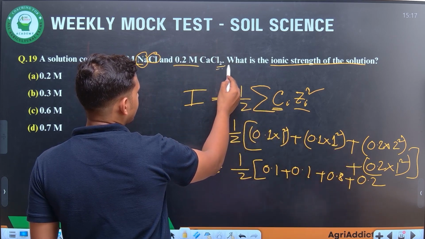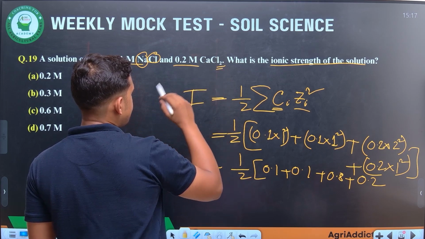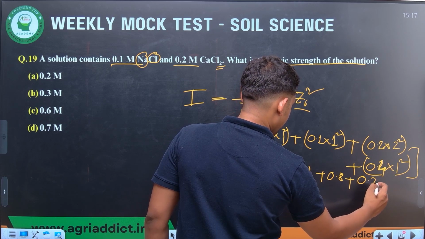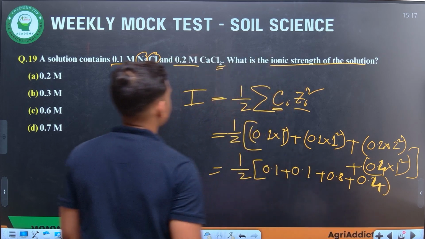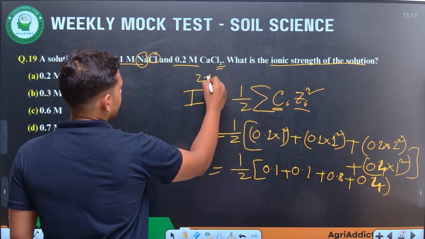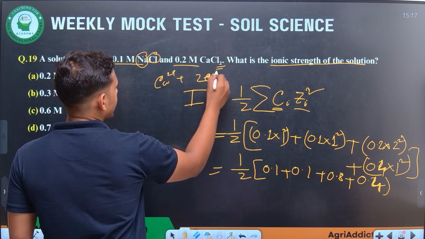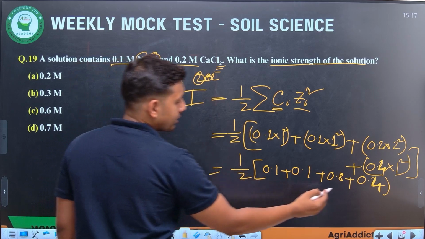This is calcium, so it is CaCl2, so the chloride concentration will actually be 0.4. This is calcium, so 2Cl actually: Ca plus 2 plus 2Cl minus. 2Cl are there, so it will be 2 into 0.2, that is 0.4. Then 4 into 1 squared.